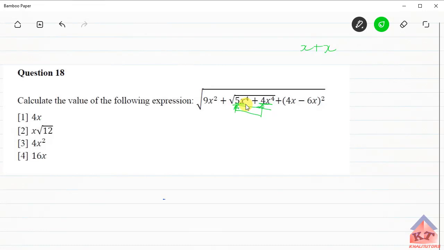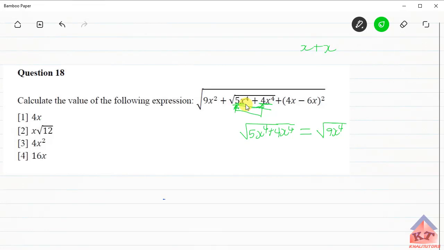Okay, so this here is 5x to the power 4 plus 4x to the power 4. This will give us the square root of 9x to the power 4. Okay, so you'd be done with this one here.